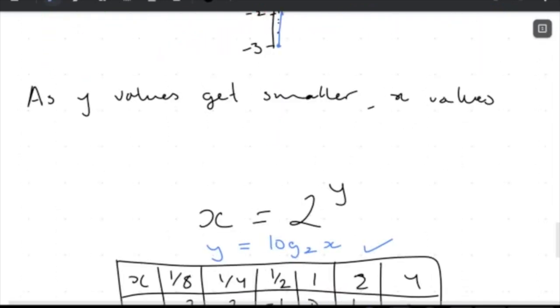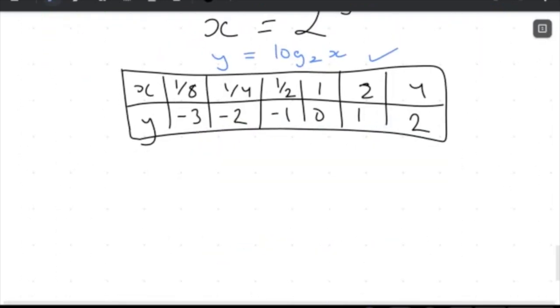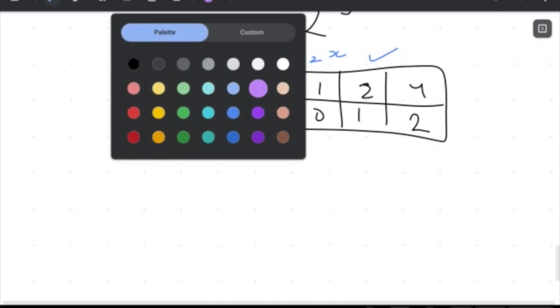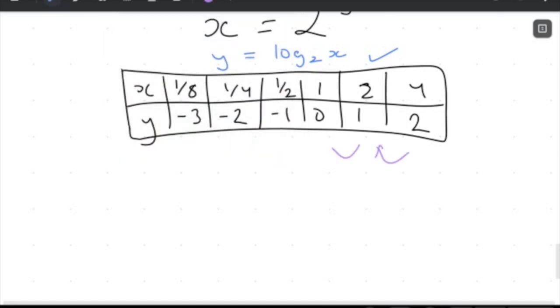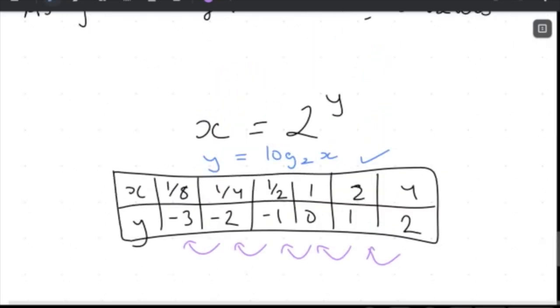Well, we notice a pattern here that as we keep going across here, in this direction, on the y values, my x values are halving. They go from 4 to 2 to 1 to half to 1/4 to 1/8, then to 1/16.